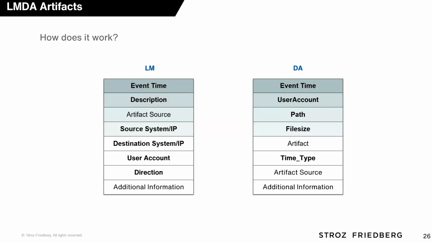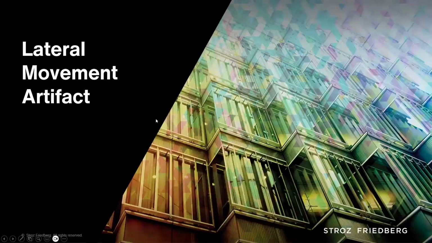In the data access report, we obviously include the user account accessing the directory or the file. And importantly, we also include file size, so it may aid you in assessing the entire universe of the size of data accessed by threat actors, in case there is a need to identify exfiltration. All right.